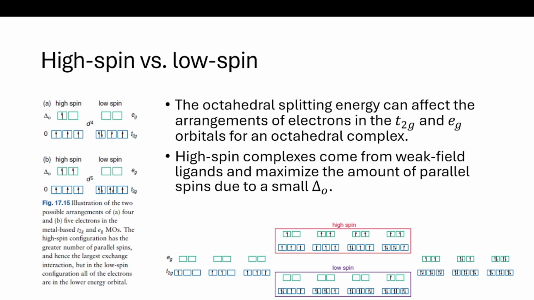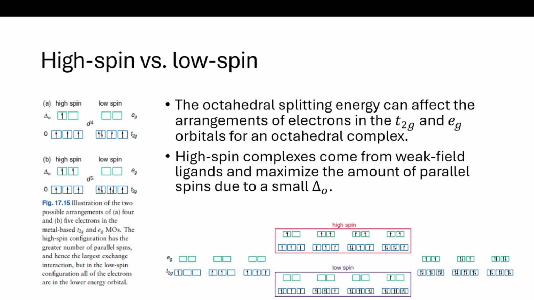However, if we have a very big splitting energy, then we're going to have low spin complexes, where that energy gap is so huge, the amount of parallel spins is not going to be as big as in high spin complexes. And you can see it both in the diagram to the left and also the diagram at the bottom.